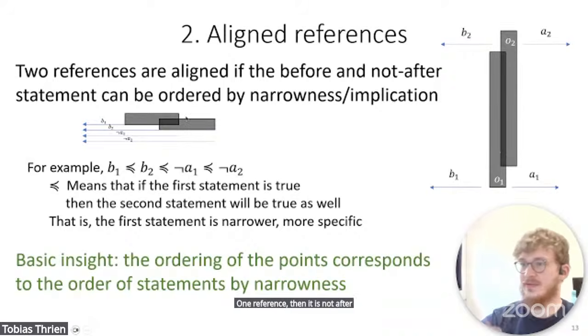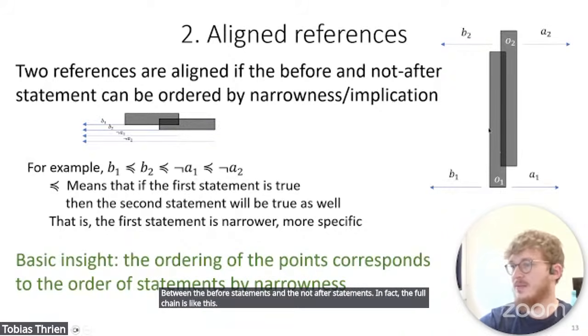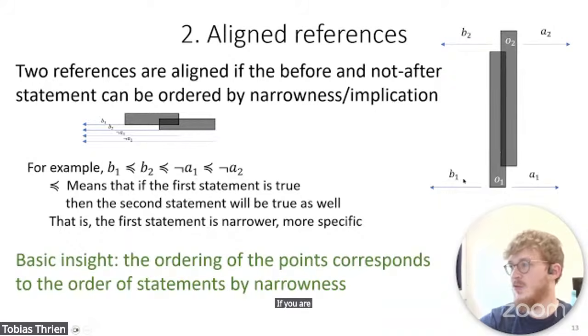So we have implications between the before statements and the not after statements. So in fact, the full chain is like this. If you are before the first one, you are also before the other one. And it also means you're not after the first one, and you're also not after the second one.